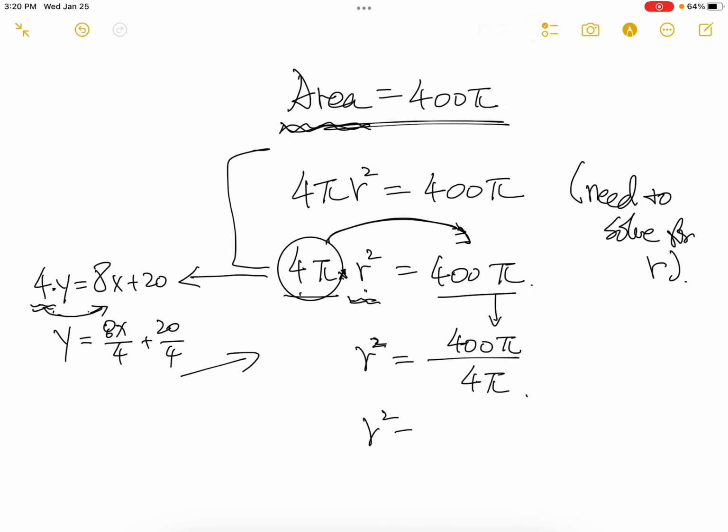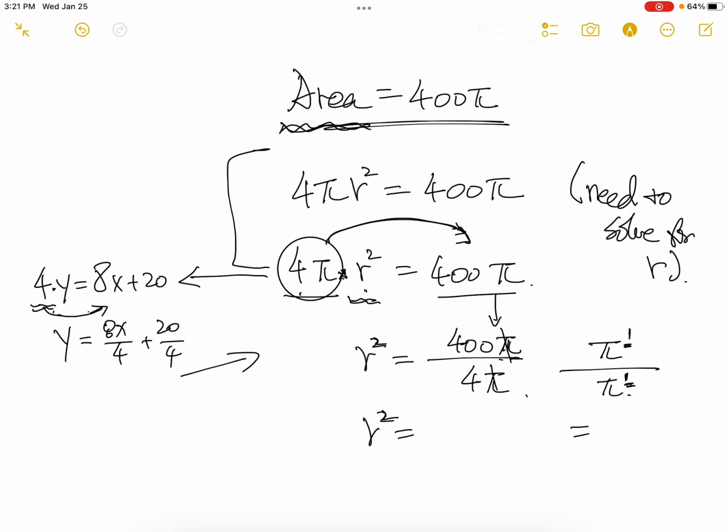So r squared equals, and the pi, you can see that's the same on the top and the bottom, you can just cancel. Another way to look at it, this is pi over pi, right? So it's pi to the power of 1, pi to the power of 1, because there's nothing there, the exponent is 1.